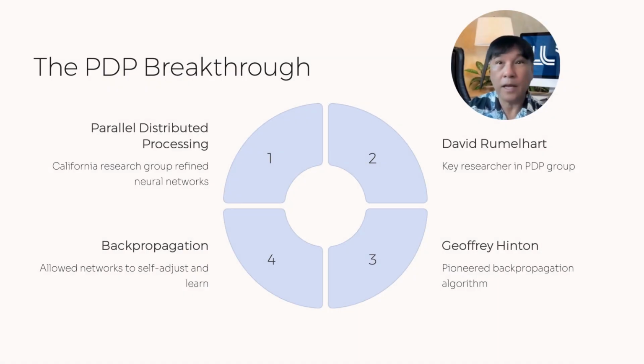A breakthrough came from the Parallel Distributed Processing (PDP) group in California, where researchers like David Rumelhart and Geoffrey Hinton refined the backpropagation algorithm. This innovation allowed neural networks to self-adjust by continuously tweaking their internal parameters, leading to dramatic improvements in tasks like image recognition and speech processing.